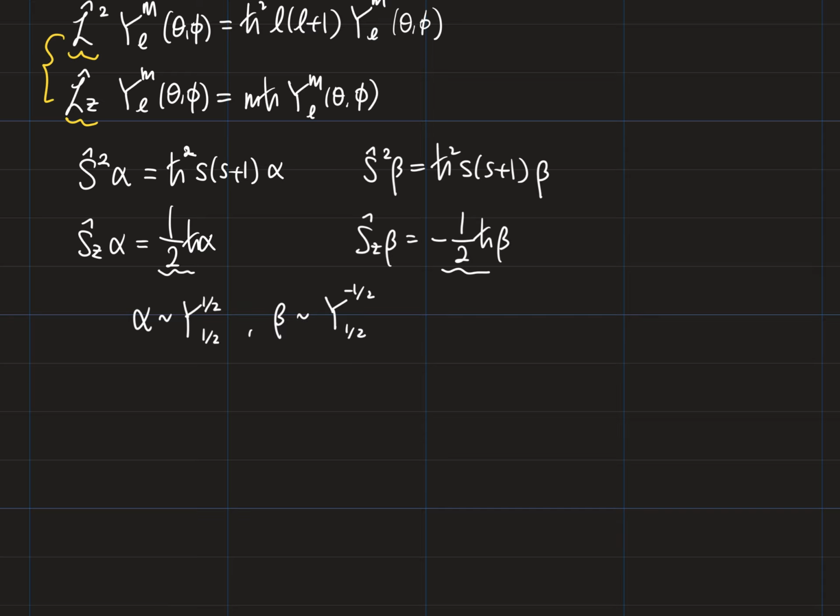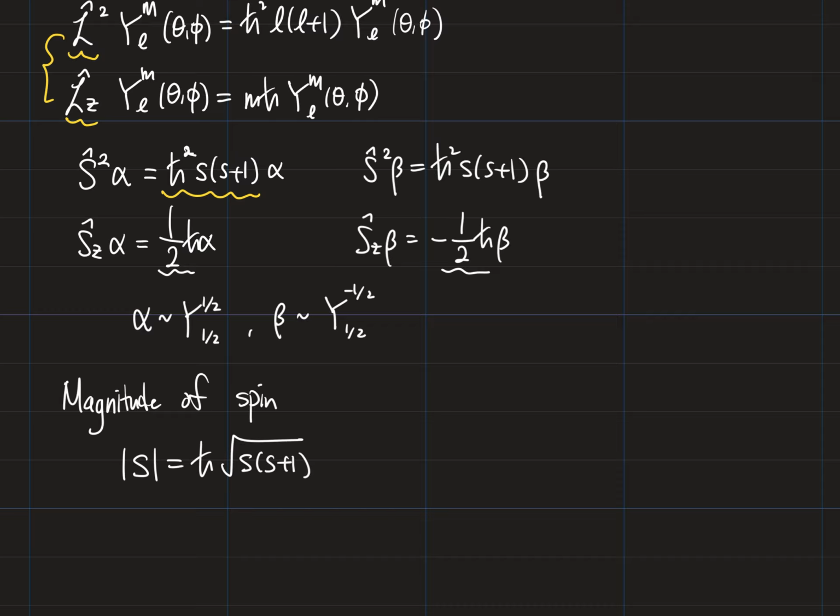And finally, let's calculate the magnitude of this angular momentum. Magnitude of spin. So according to here, the magnitude of the spin should be h bar square root of s(s+1).